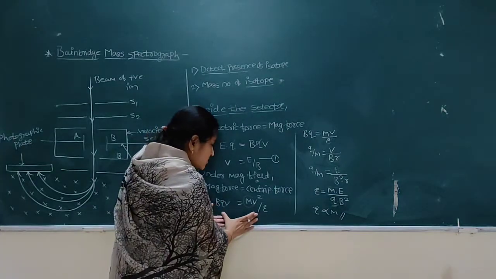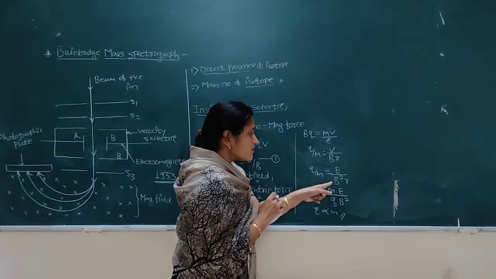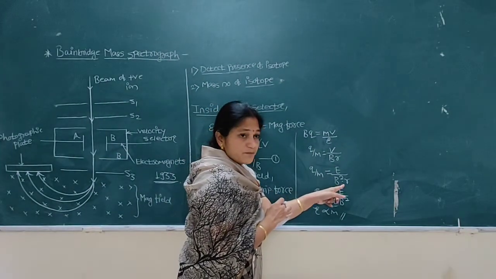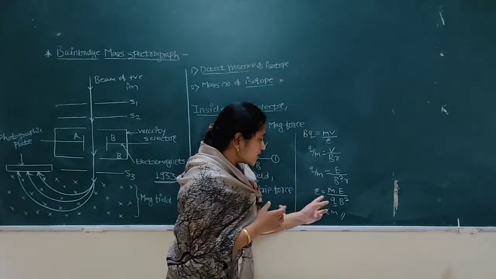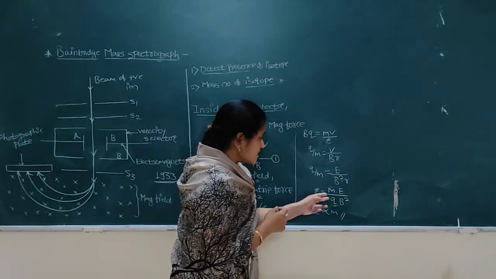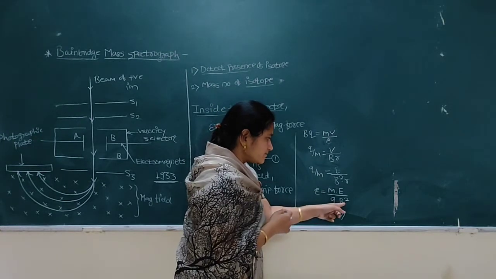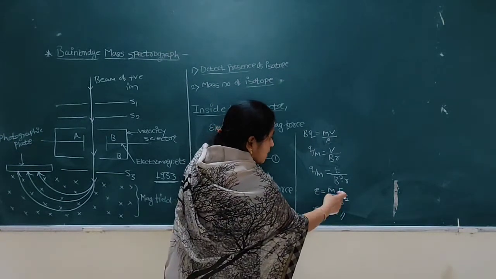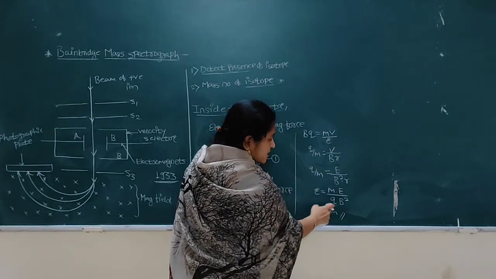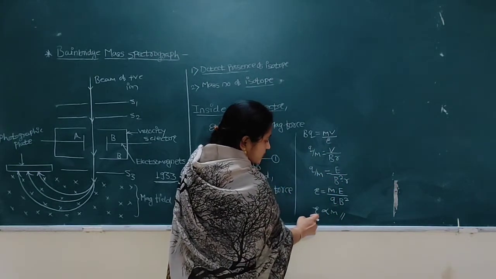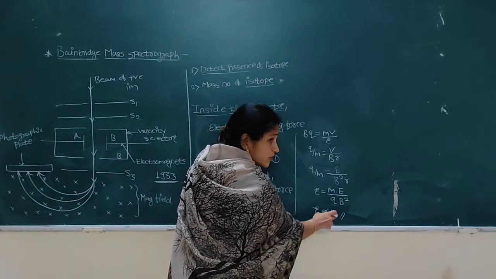We arrange the equation for r, which is equal to m into E divided by q into B squared, where we put the value of v, that is E by B. So from this equation we can write the general relation, r is proportional to m.